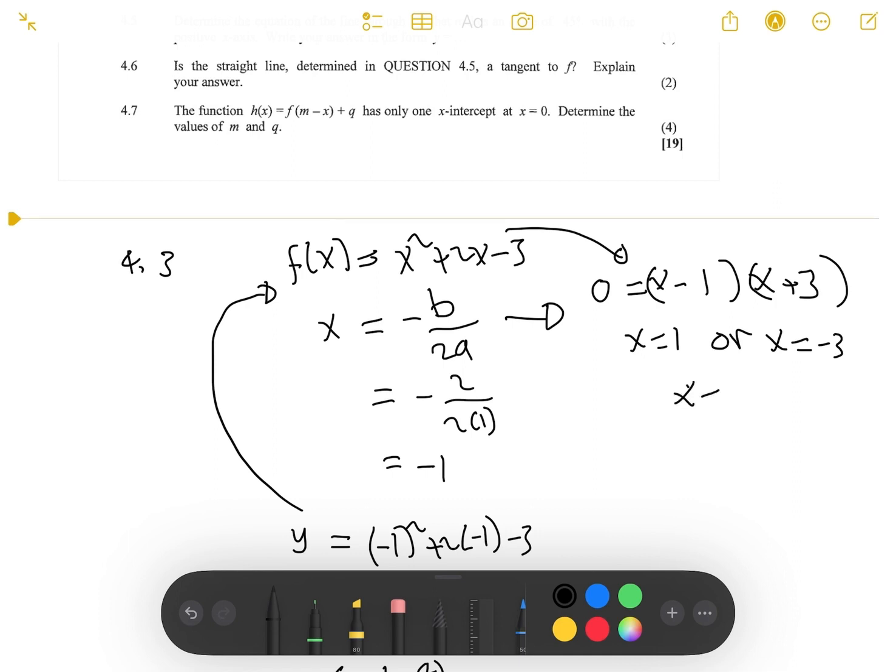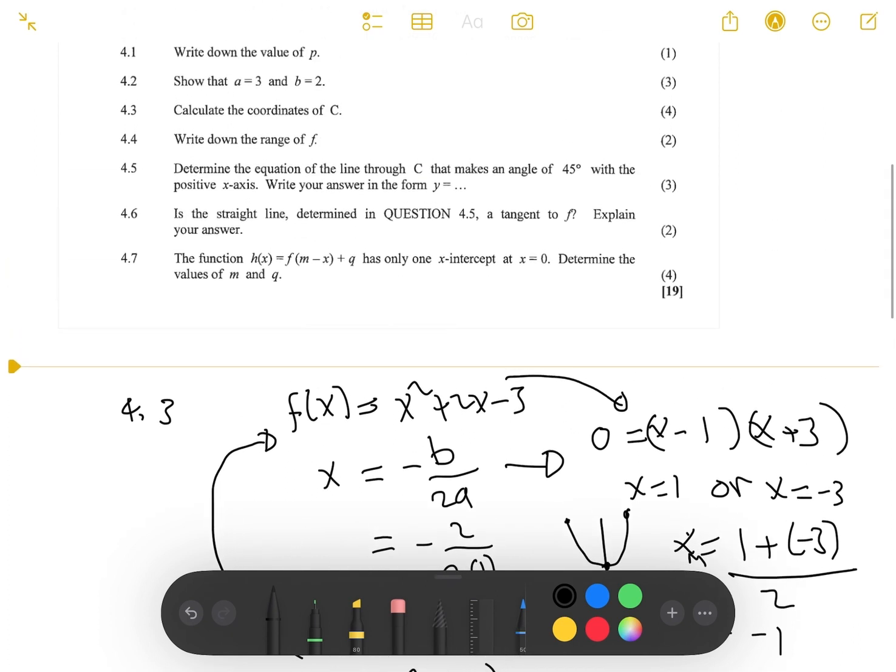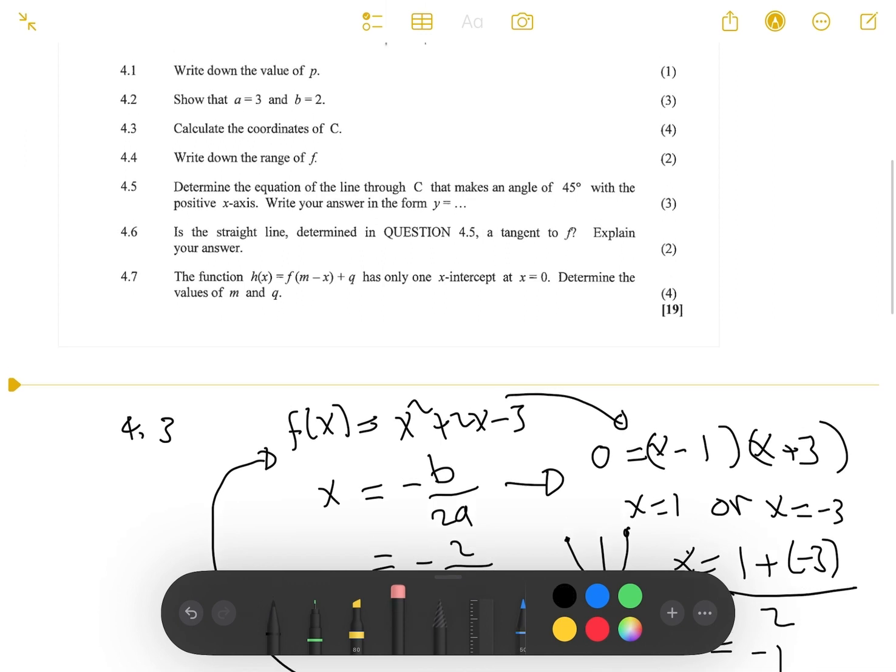The x value at the turning point is in between the two x values. So it's basically 1 plus negative 3, over 2, which still gives you negative 1. So both methods are correct. I was just showing you in case you might not be comfortable with one method.